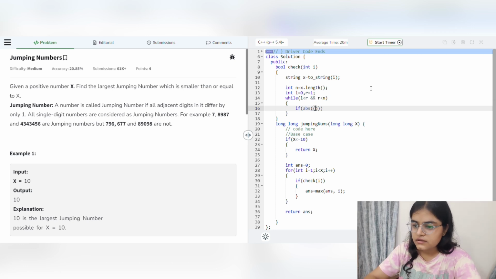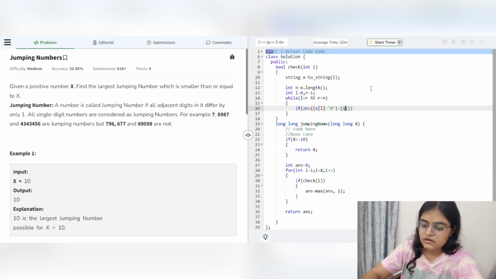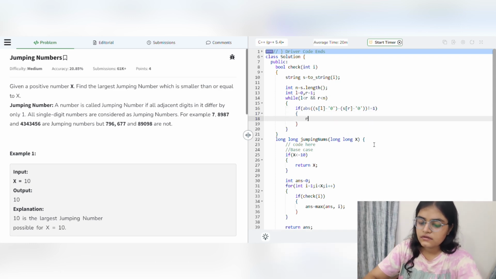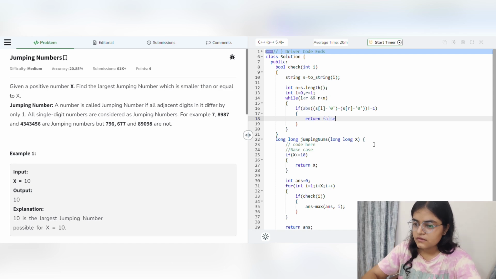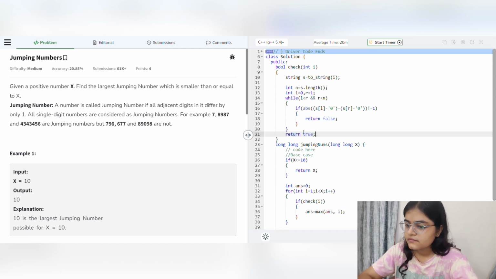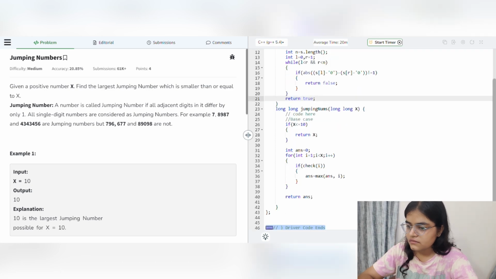Now again in brackets, let's convert the character into integer, so x[L] minus x[R]. If this is not equal to 1, then return false, else return true. Right? I think we are done with it.